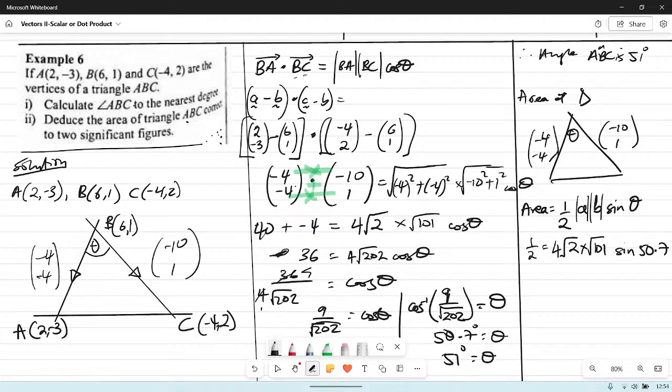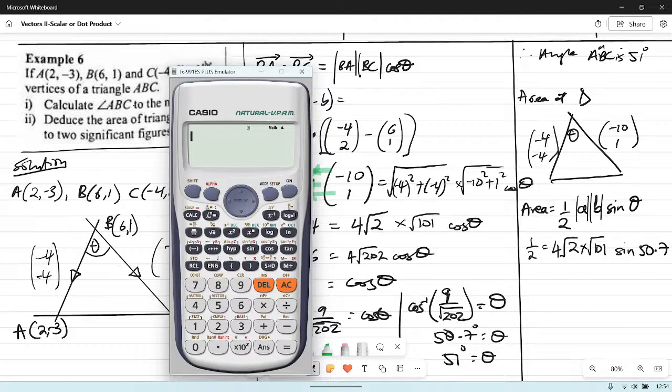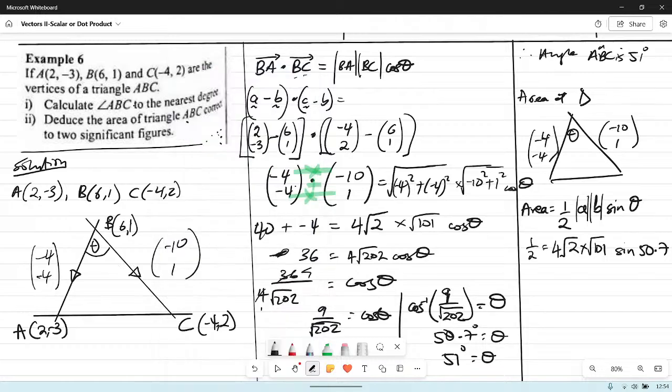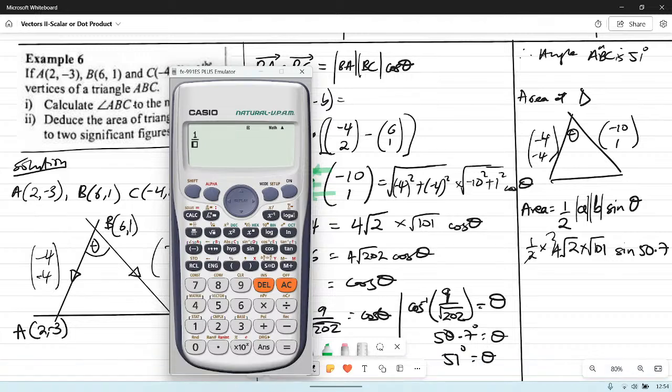So let's write it on the calculator. Sorry, this is half times. So this 2 cancels this 2, giving you 2 root 2. Let's write everything. Half times 4 root 2 times root 101 sine 50.7.